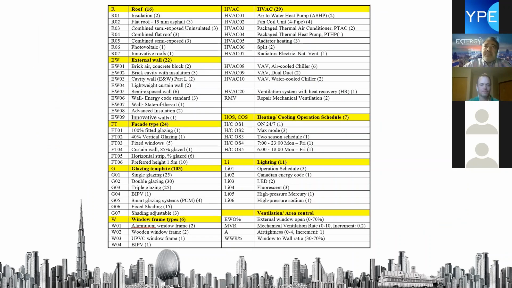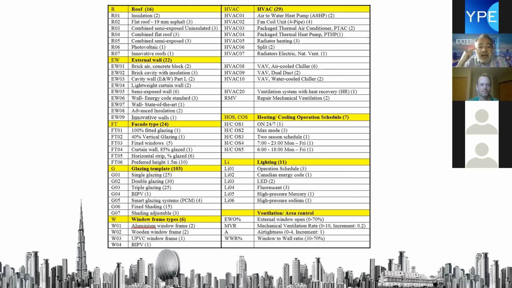How do we enter the input data into the model? We can extract the data from the BIM level tree, which would be the easiest way. Or if there is no digitalized plan, we use the blueprints, the drawings, the hard copies and everything, and extract data from those. And at the end of the day, if there is no plan or drawing at all, we can use a simple questionnaire.